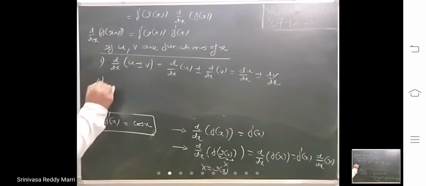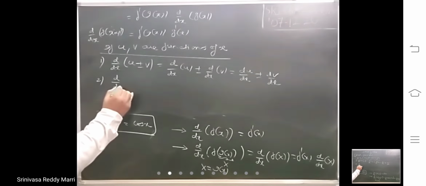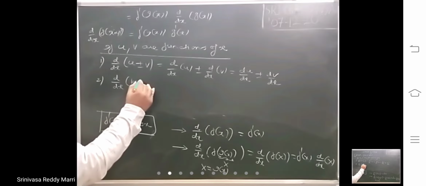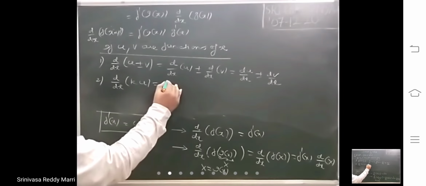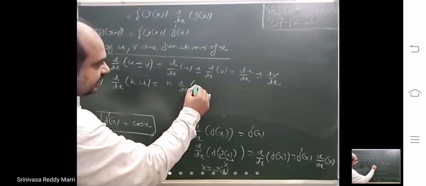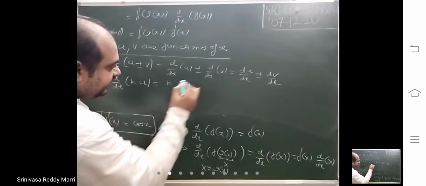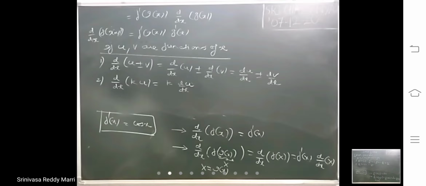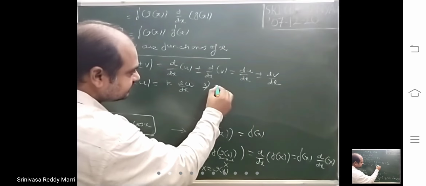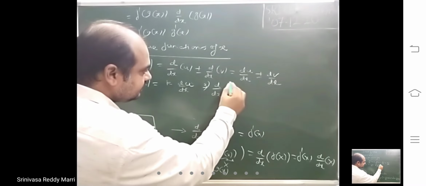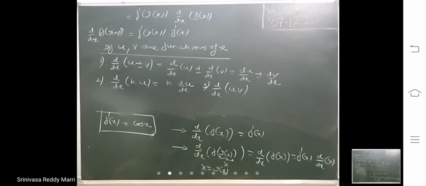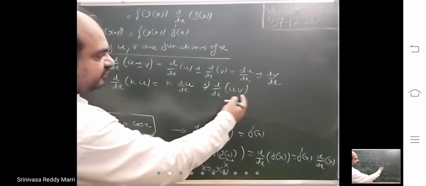Number 2, d by dx of k into u. If a constant is there with some function, you can write the constant outside the derivative: k into du by dx. So if a constant is there, you can write it outside the differentiation. Next, the product rule. That means a product of two functions is there.